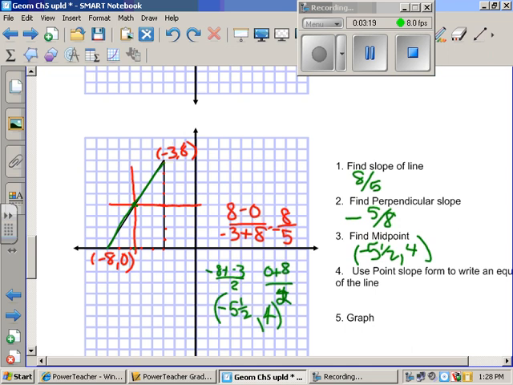So I count down 5, 1, 2, 3, 4, 5, and over 8. So that's 1, 2, 3, 4, 5, 6, 7, 8. So there's another point on that line.